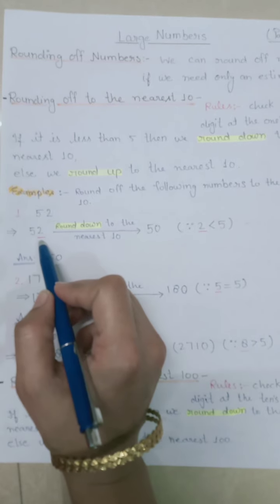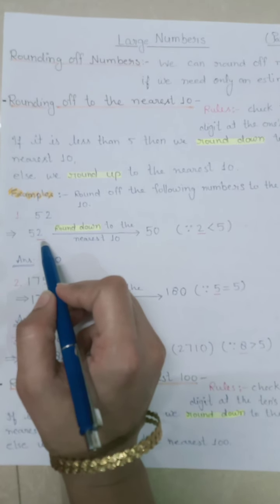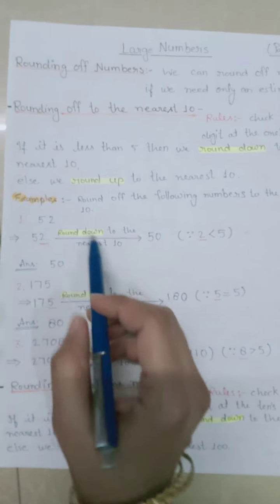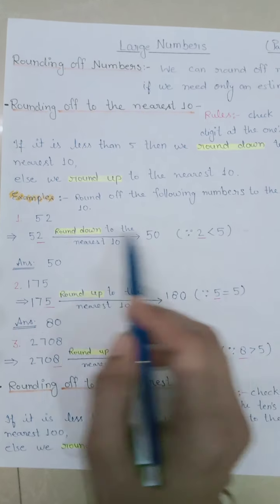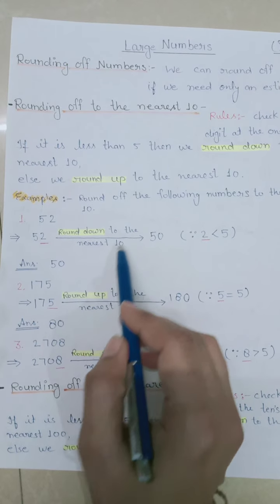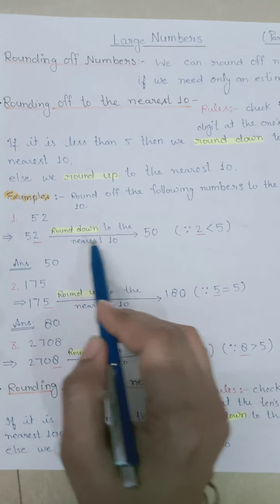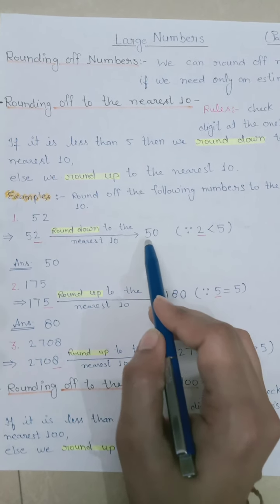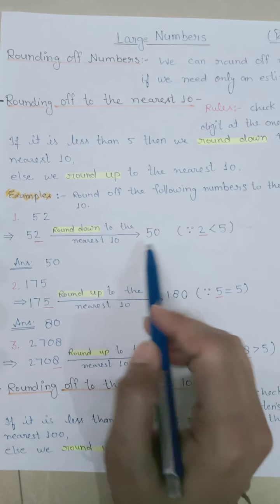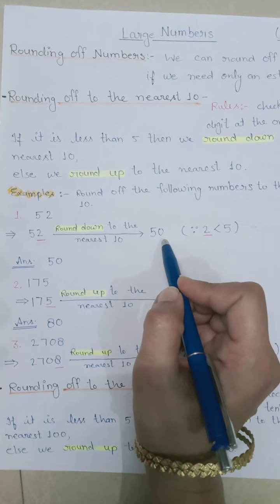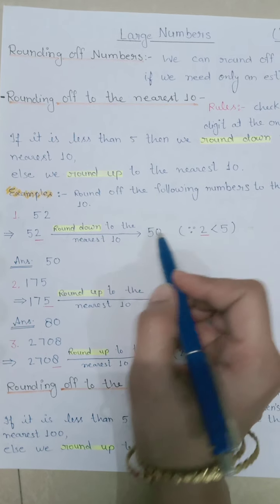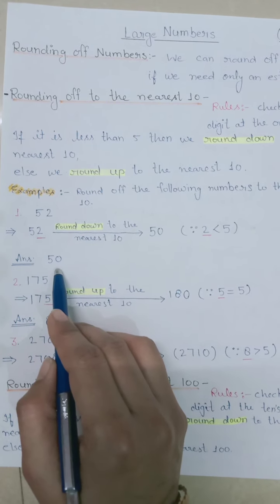Here, which digit is at the ones place? It is 2, so we have to round down. If the digit is less than 5, then we round down to the nearest 10. Then 5 will remain and there will be 0, so the answer will be 50.